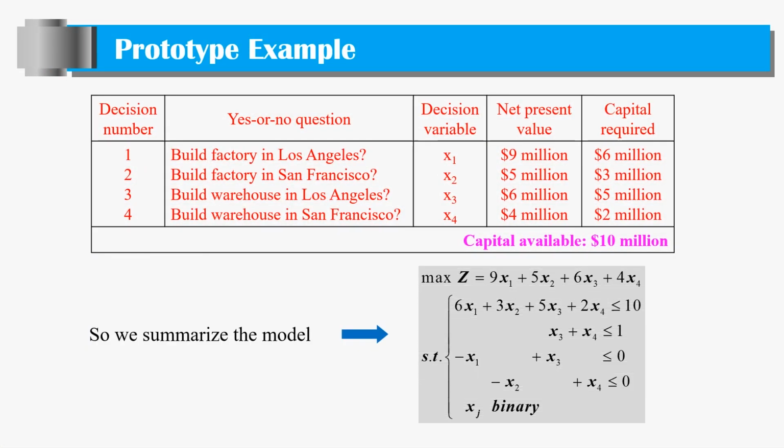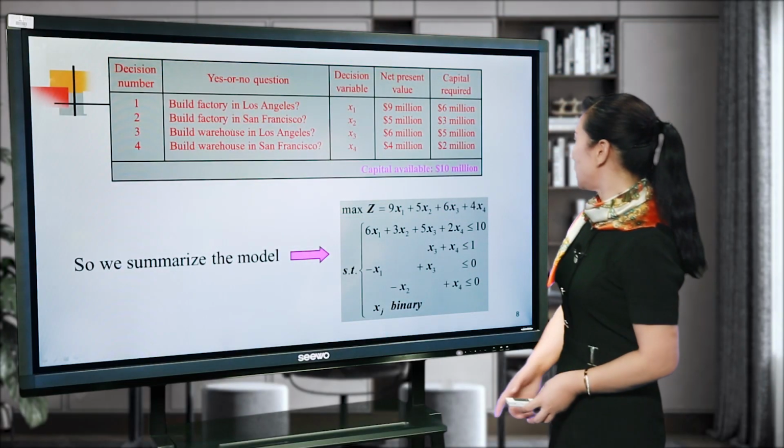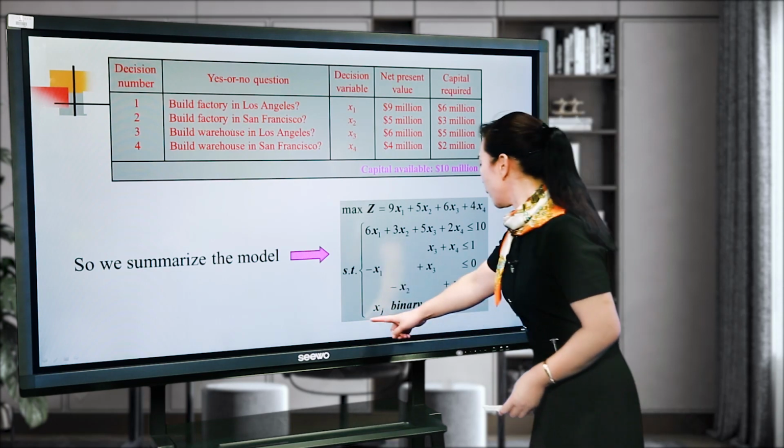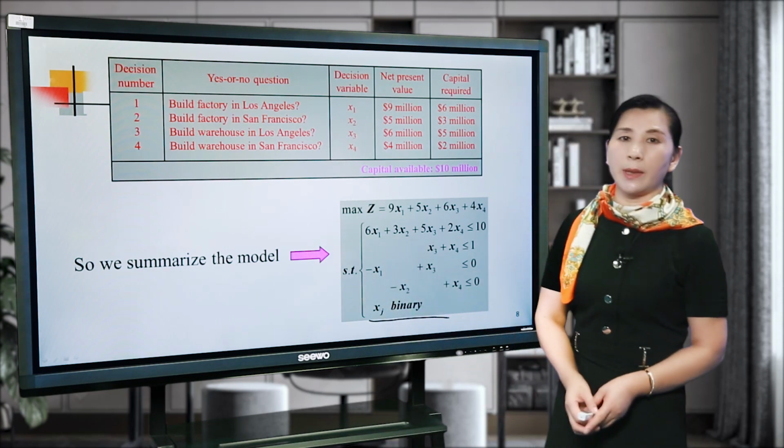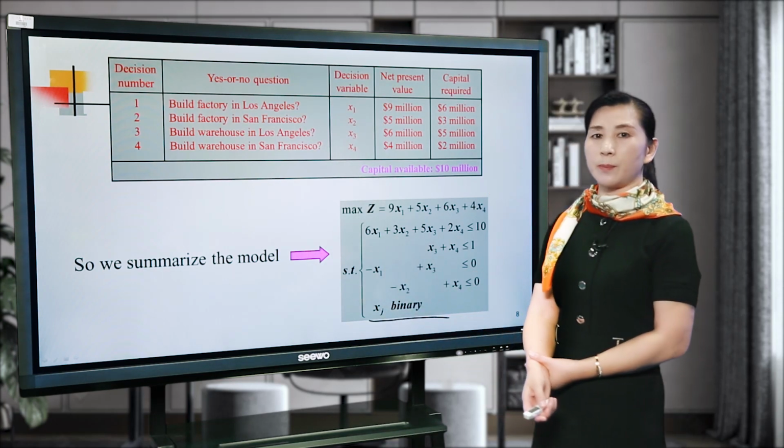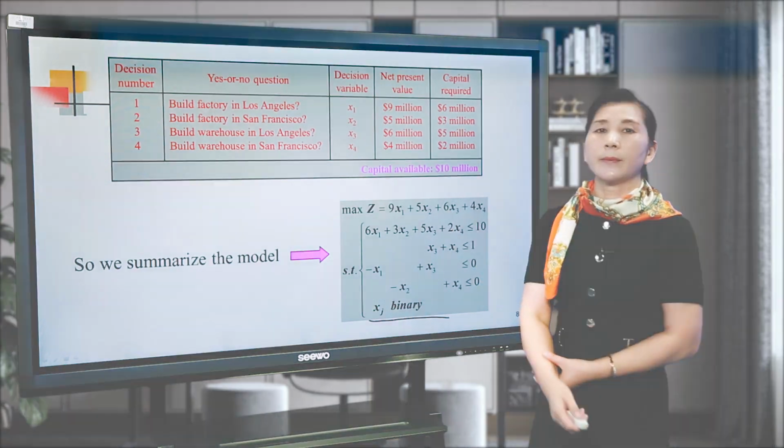So we summarize the model of this program as this model. And we notice that in this model, the decision variables are all binary variables. So we call this model a BIP model.